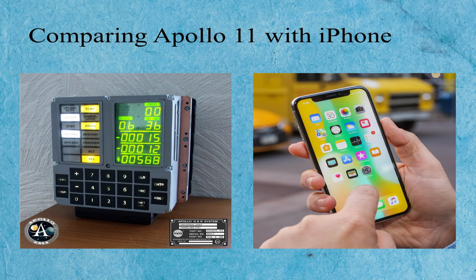So that's the volatile type of memory. And then it also had 72 kilobytes of ROM memory. So that's the pre-programmed, non-writable type of memory that had the program in it that helped get the rocket ship to the moon. So less than 1 megabyte of memory.